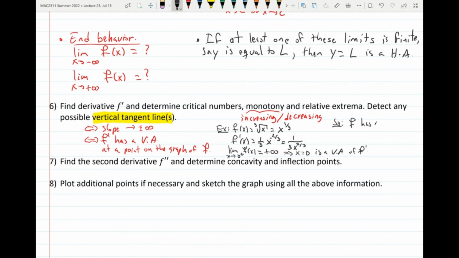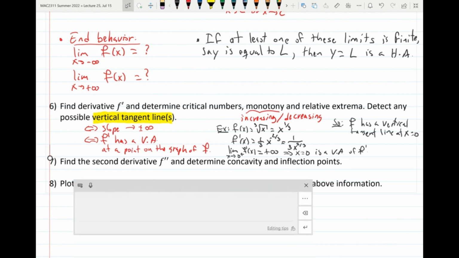So f has a vertical tangent line at x equals 0. And indeed, let's take a look at the graph. Let me give myself more space in here.